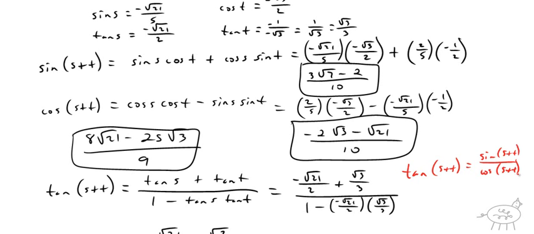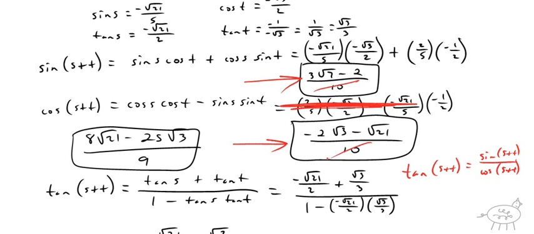But if I'm already asking you for sine of s plus t and cosine of s plus t, can't I just substitute sine over cosine? So here's sine and here's cosine. It almost makes it kind of nice, because if I do this value over this value, don't the 10's cancel? Or you can multiply by 10 over 10 and they cancel.